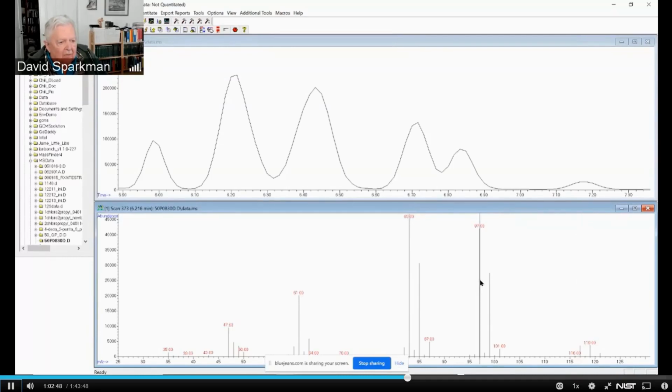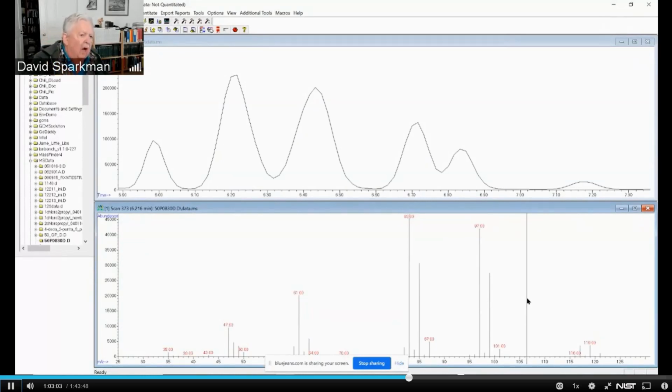The fragment ion retained the nitrogen, but the problem is the isotope pattern changed with the loss of 20, and that is not possible.